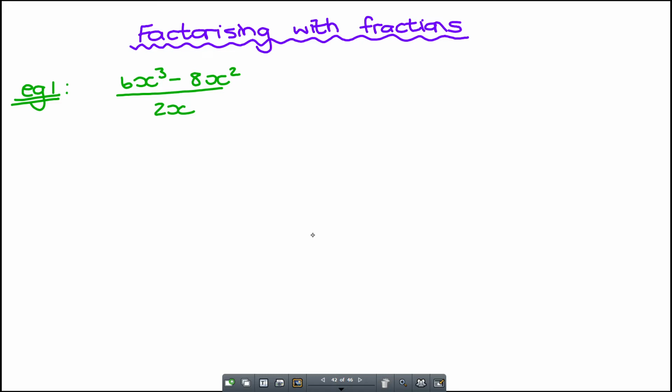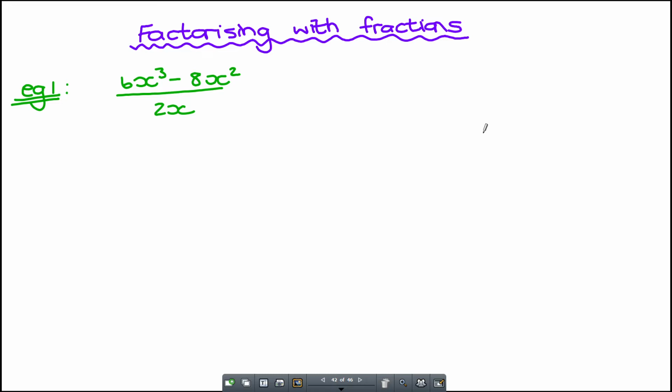Now, there's one very important thing that you have to remember whenever we deal with fractions. We are only allowed to cancel out when we have one term at the top and one term at the bottom.